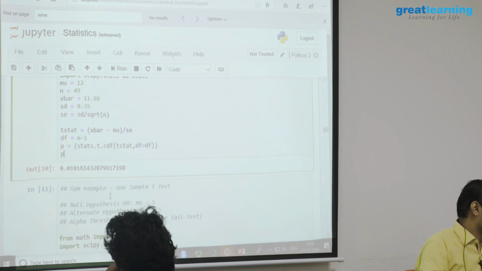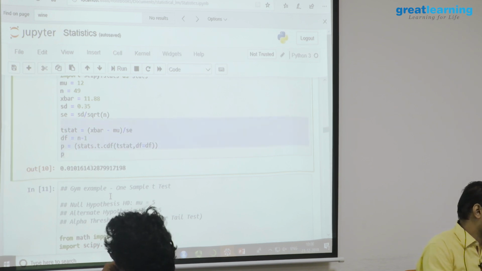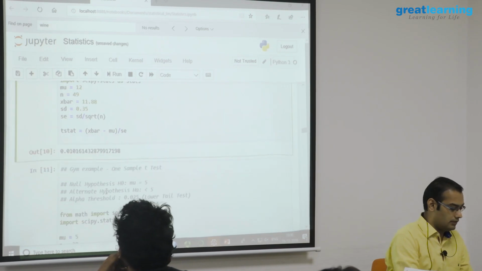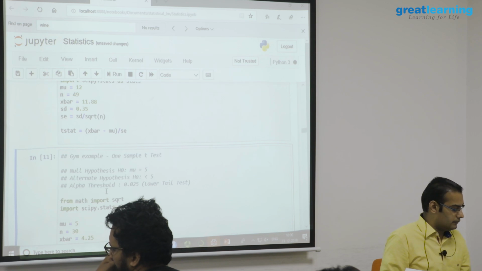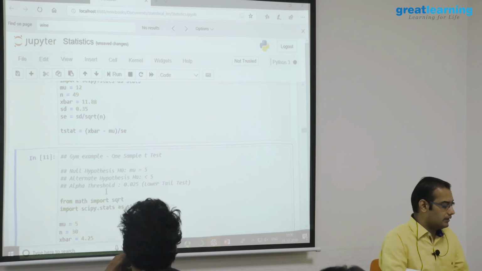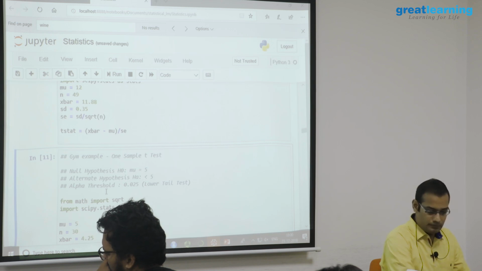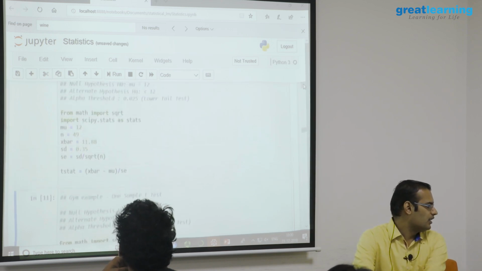Someone kindly execute and let me know, because I think it is not going to execute. No, don't execute the full, only execute a part of it, only till t stat.